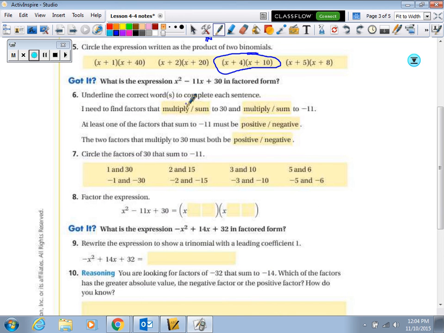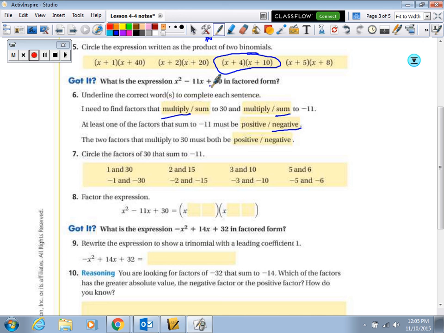We're going to do the same thing, only now they have you filling in some of the words. Okay? Please feel free to pause whenever you need to. Okay, so here, in order to factor this, I need to find factors that multiply to get 30, and they add, because this means they're the same, to get -11. Okay, at least one of the factors that sum to -11 must be positive.